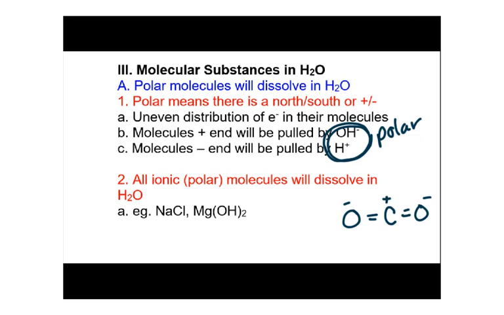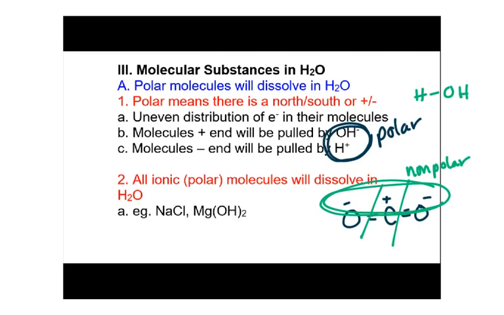I can't split this any way to get my negatives on one side and my positives on the other. So my positives and negatives are all together. So this is non-polar. But because here this H is positive and this is negative, I can split that and I can get a polar molecule.